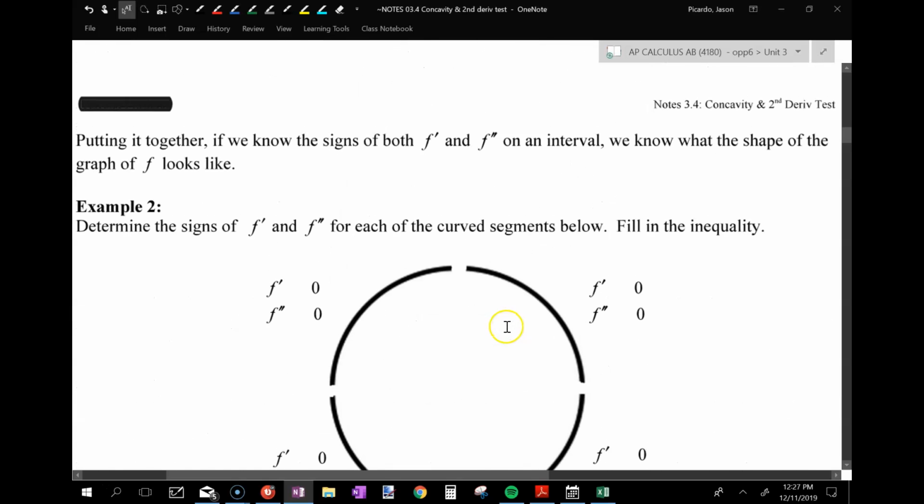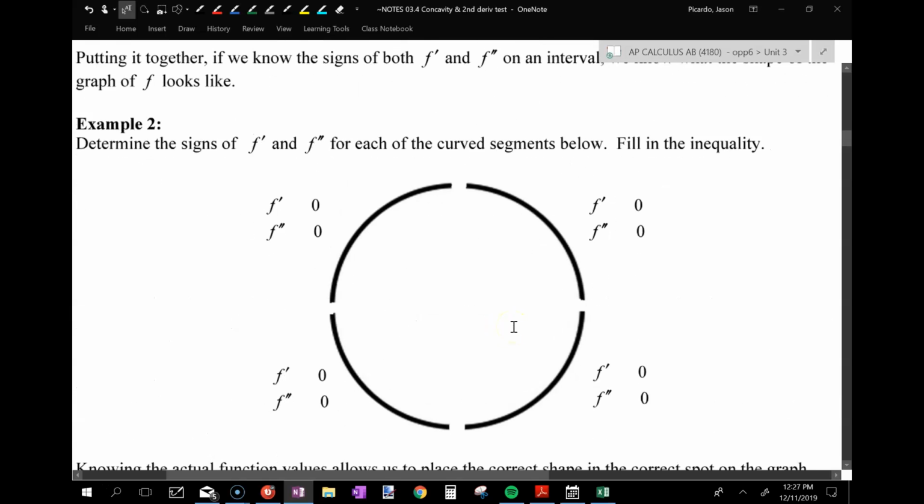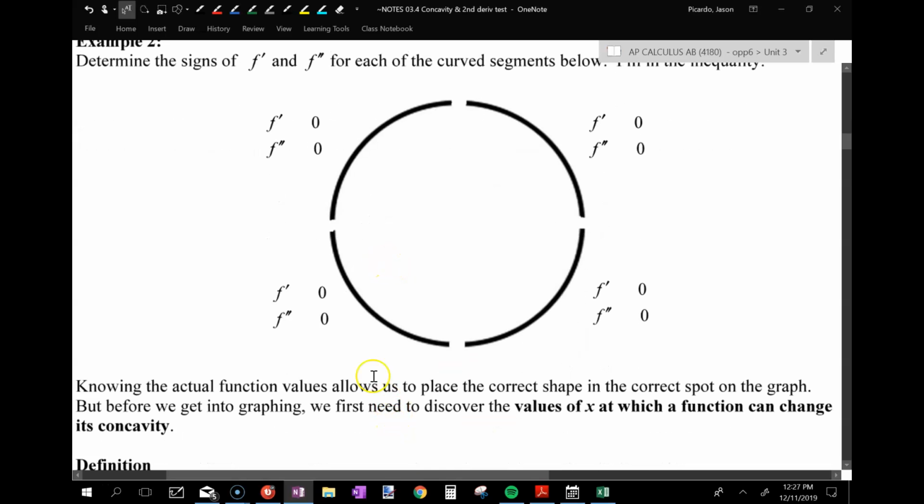All right. Let's use that phrase that we just talked about with frown and cup. Would you guys agree that these two pieces down here make up that of a cup? If it's shaped like a cup, it's concave up, and the second derivative is greater than 0.